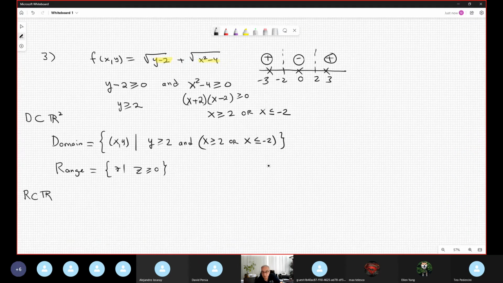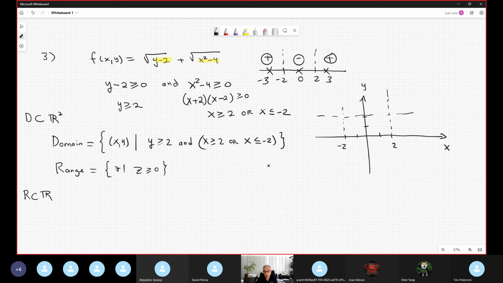The graph is x, y. Positive 2, negative 2, and y is greater than 0. So I suppose it's this part and this part.